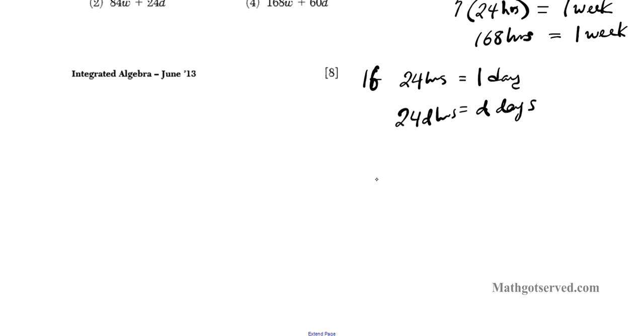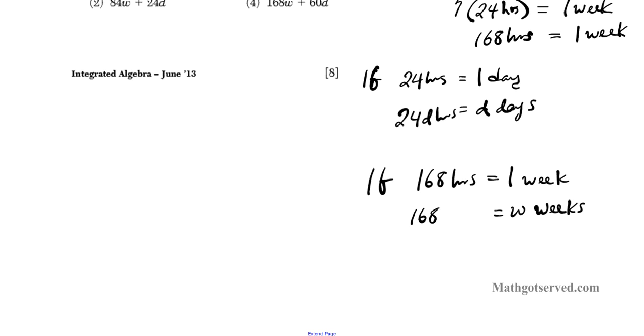All right, let's look at the weeks. If you have 168 hours in 1 week, how about W weeks? How many hours do you have in W weeks? Notice for 1 week, to convert it to hours, you multiply by 168. So how about W weeks? How do you convert this to hours? The same procedure, you multiply by 168.